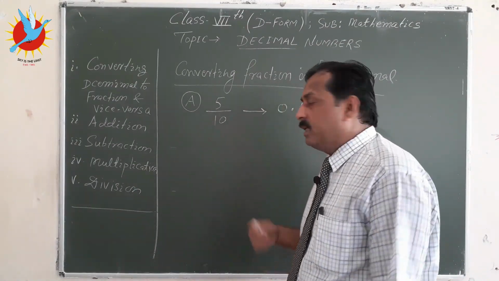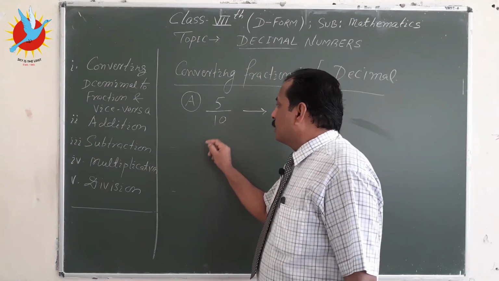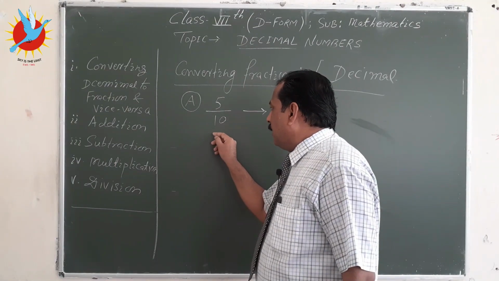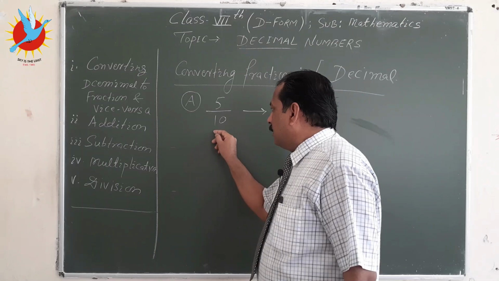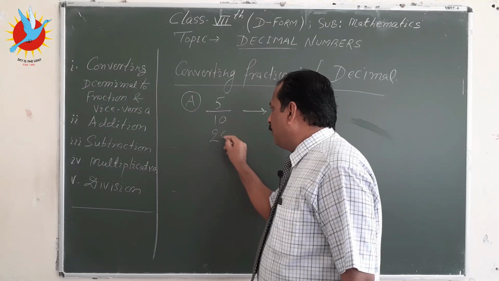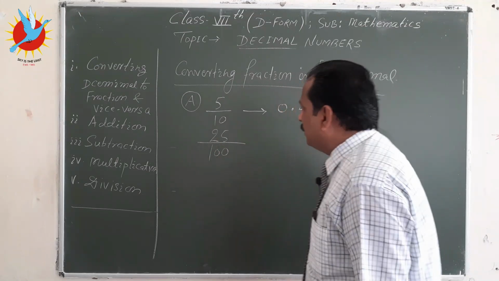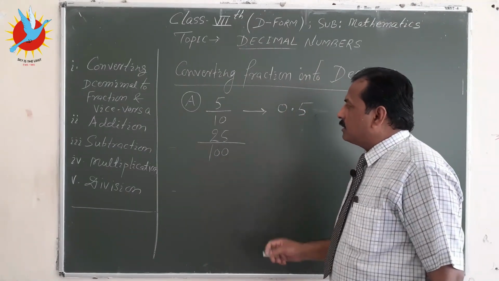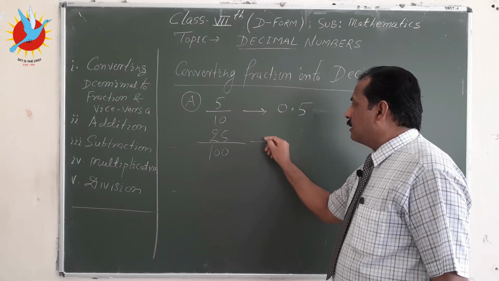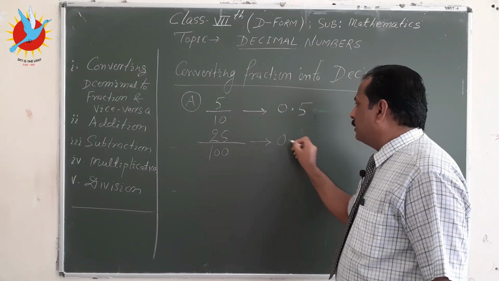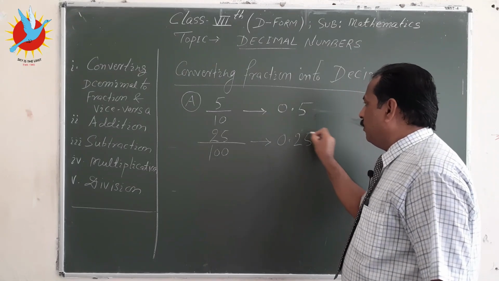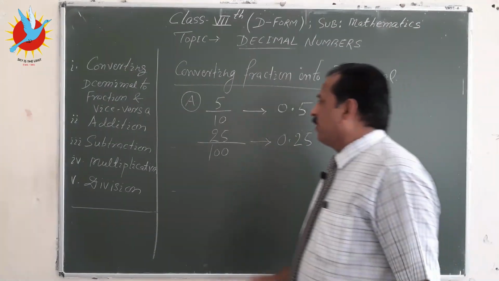So let us have some examples first, then the pattern will be clear and then we shall discuss the rule and you will be clear how to convert. So let us say this is 25/100. So this is also less than 1 and this is converted to 0.25. The whole number part is not there.